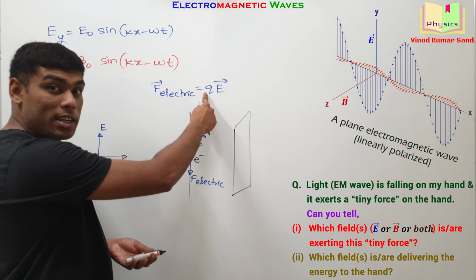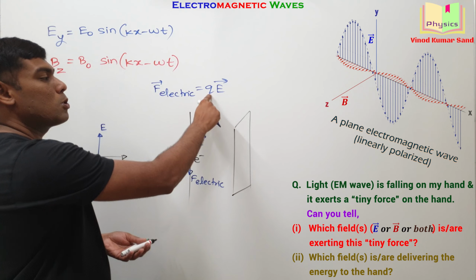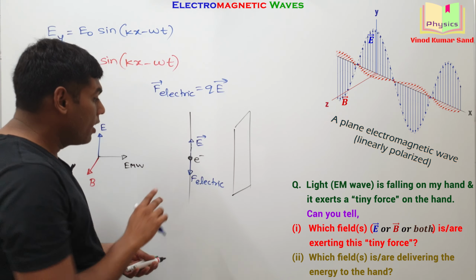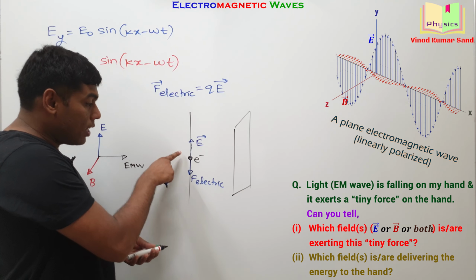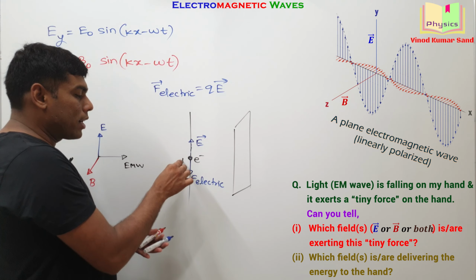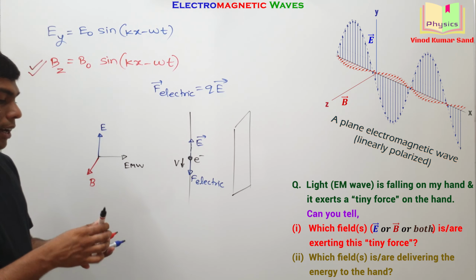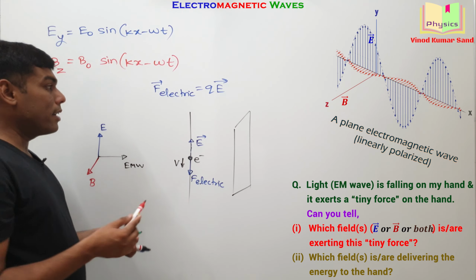Here Q is negative, so the electric force will be in the opposite direction of the electric field. Due to this electric force, the electron will start moving in this direction, so the velocity vector will be in this direction. Do you agree?